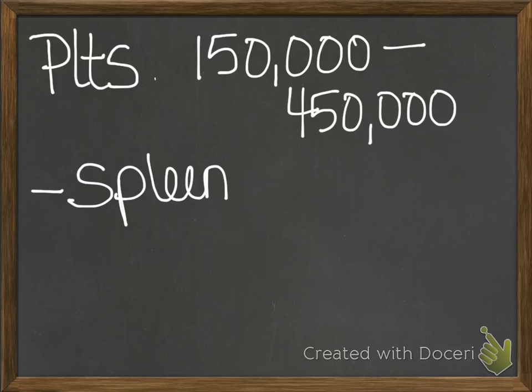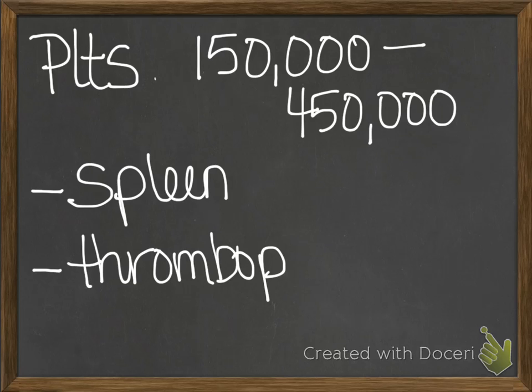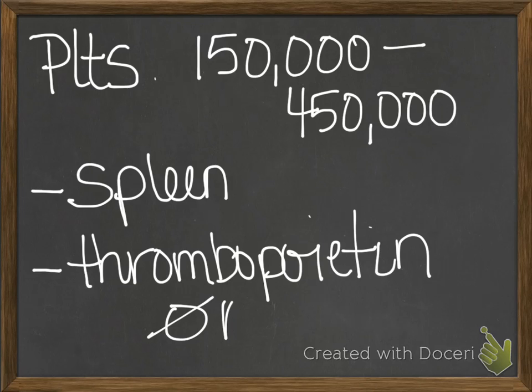Platelet production, or how we make platelets, is controlled by something that we call thrombopoietin. And this is a protein, and it's a protein that has no nucleus.